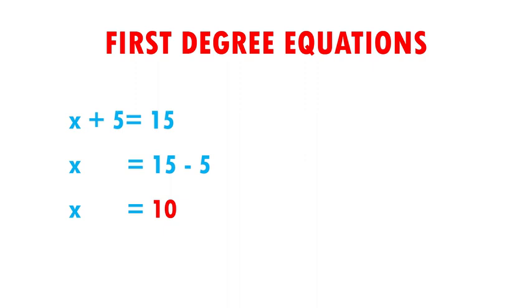To know if our result is correct, we must substitute. This means that I'm going to copy the equation exactly the same. Instead of putting the x, I'm going to put its value. I have the original equation, that is, x plus 5 equals 15. Instead of putting the x, I'm going to put its value, which is 10.